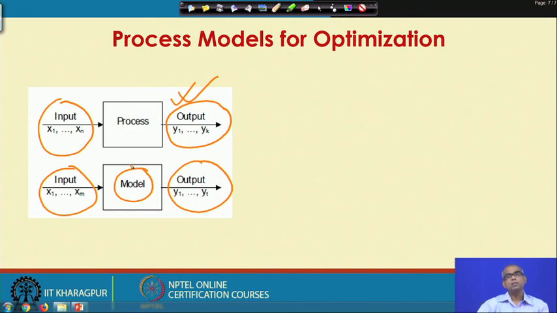This model may be a simple algebraic equation, a linear equation, a series of linear equations, some linear and some nonlinear equations, a set of differential equations coupled with some algebraic equations, partial differential equations, and so on.